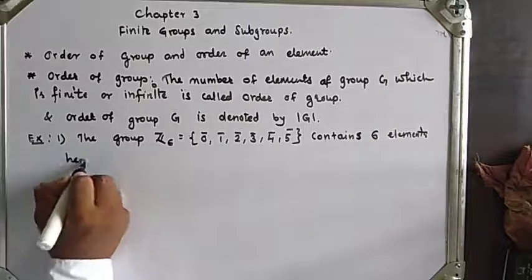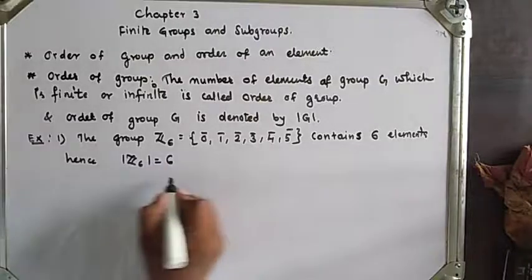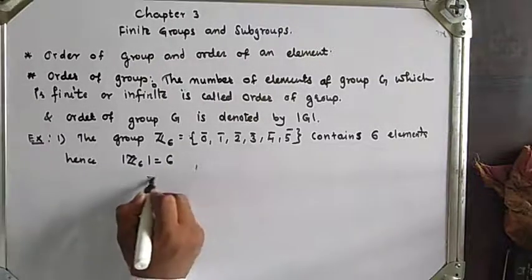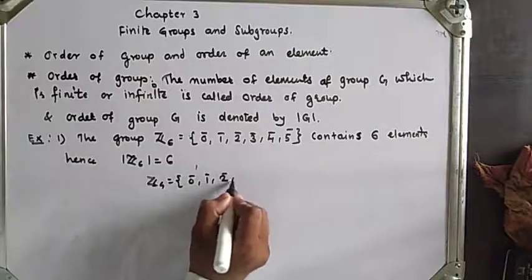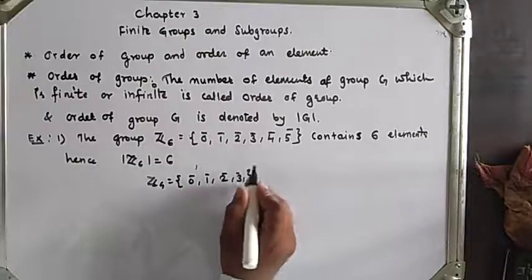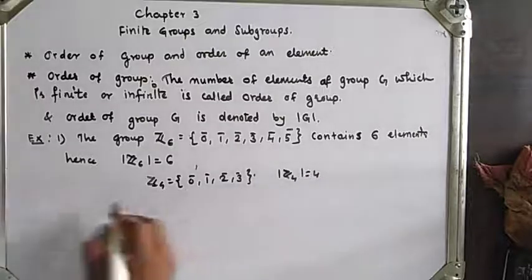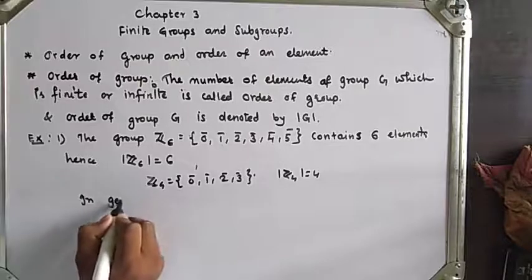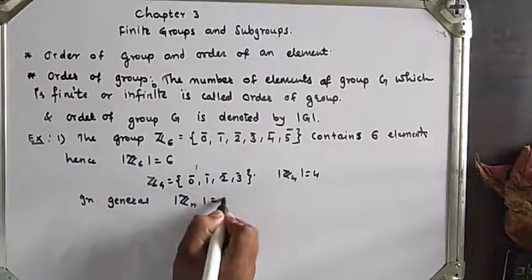Hence the order of Z6 will be 6. Also if I take Z4, then it has elements 0 bar, 1 bar, 2 bar, 3 bar, so there are 4 elements, which means the order of Z4 will be 4. So in general, the order of Zn will be n.